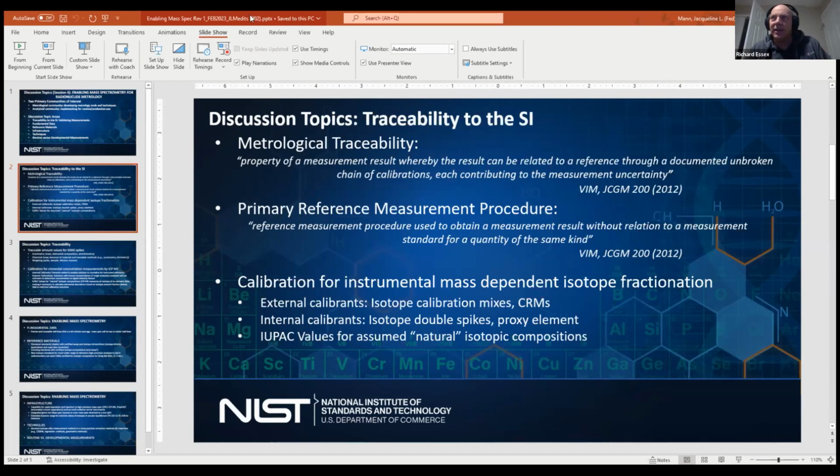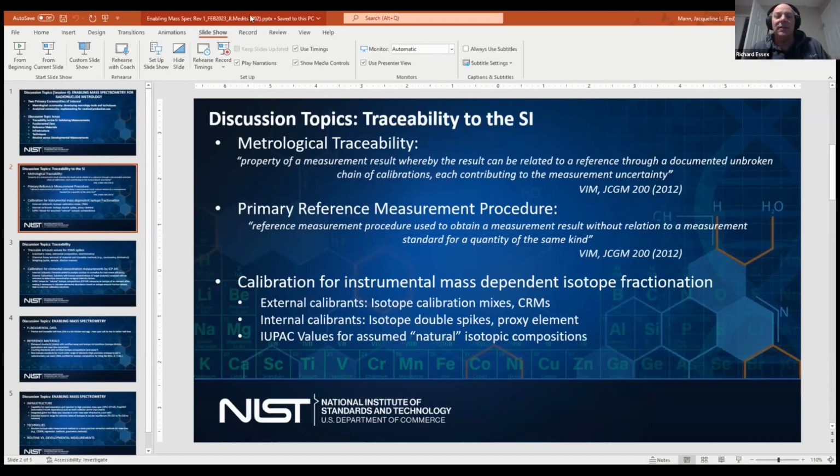So that was a primary procedure for producing an isotopic ratio reference material. But even later reference materials, and certainly the measurements done using these reference materials as calibrants, are traceable, but they're no longer primary measurement procedures. And for mass spectrometry, sometimes questions come up about traceability.